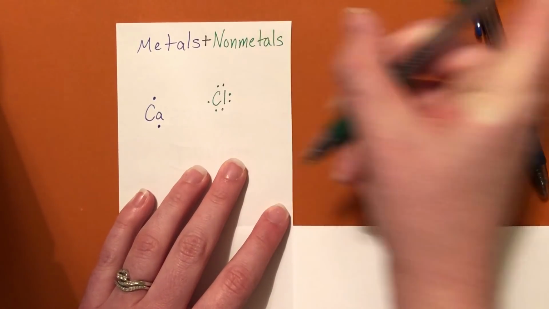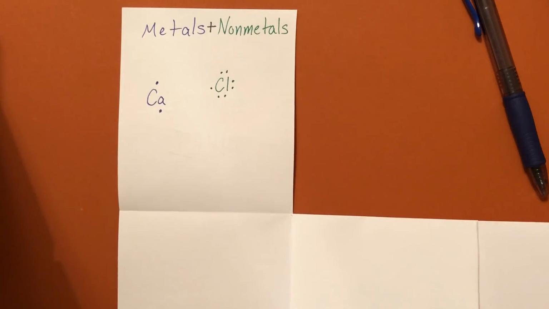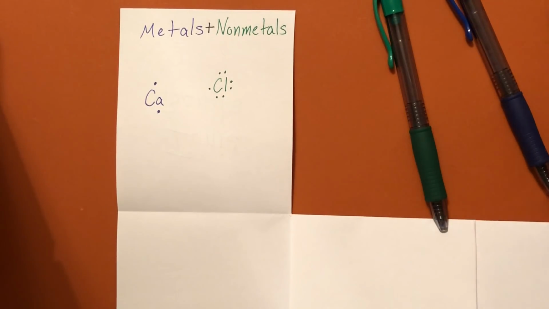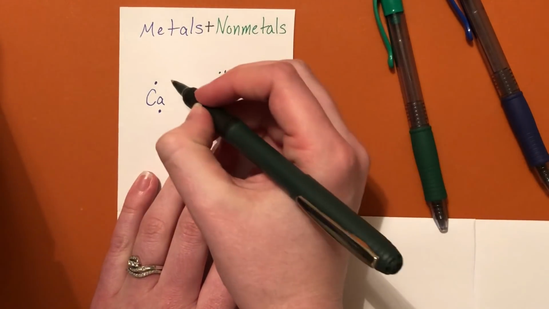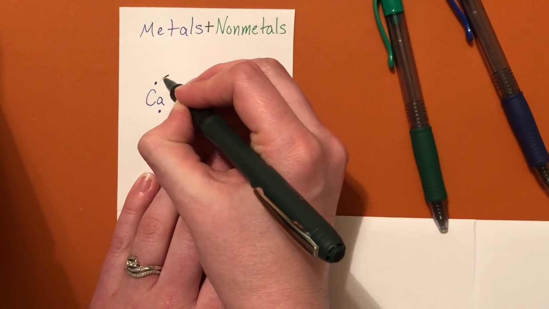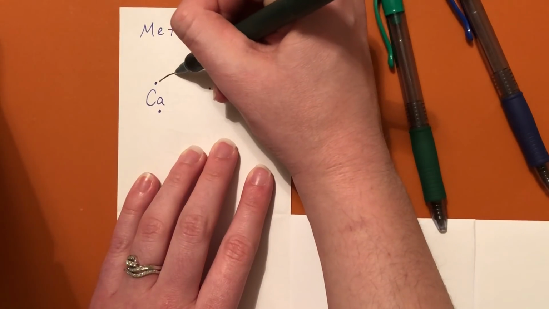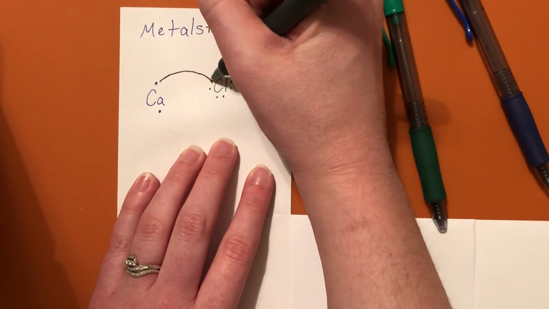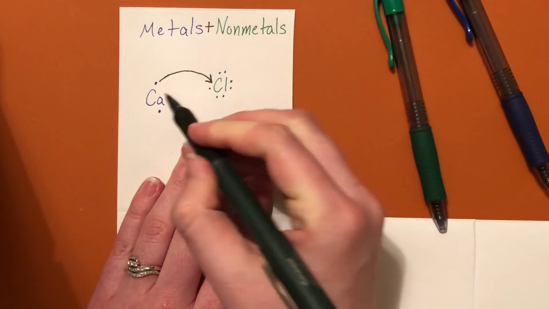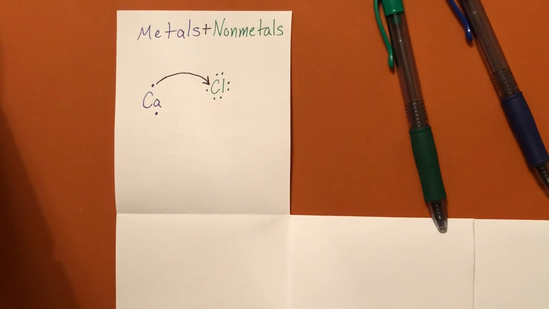Having only 7 valence electrons, it is really, really close to having 8. It's close to having a full octet. So, chlorine has decided that it wants to snatch one of the ones from calcium. So one of the electrons is going to come off of calcium and onto chlorine.